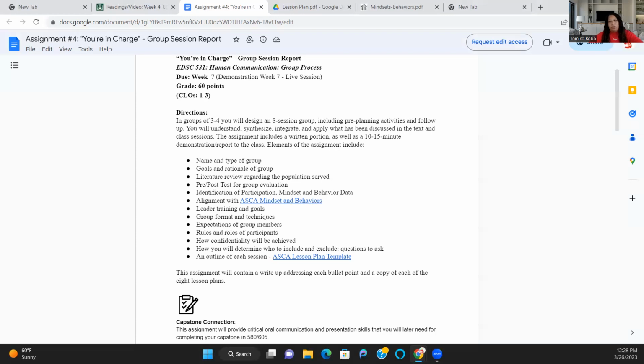So if you're going to have an academic group in high school, because many students are not passing these core courses, then you would do a mini literature review that states why students are failing this particular course more so than others. Like if it's the math courses, we have to have 3 to 4 years of math to graduate from high school.